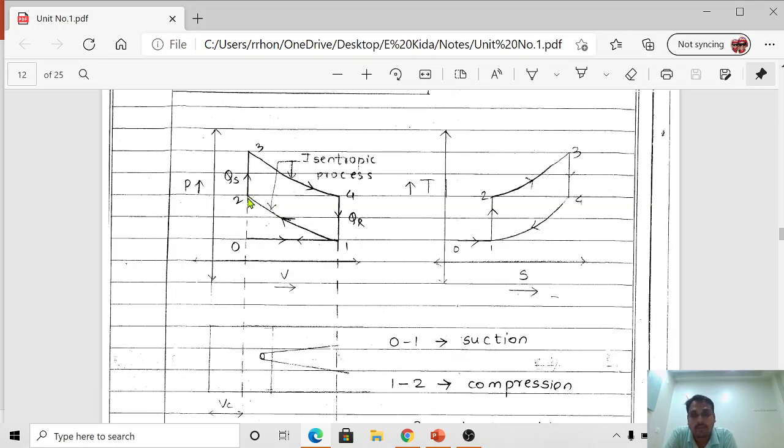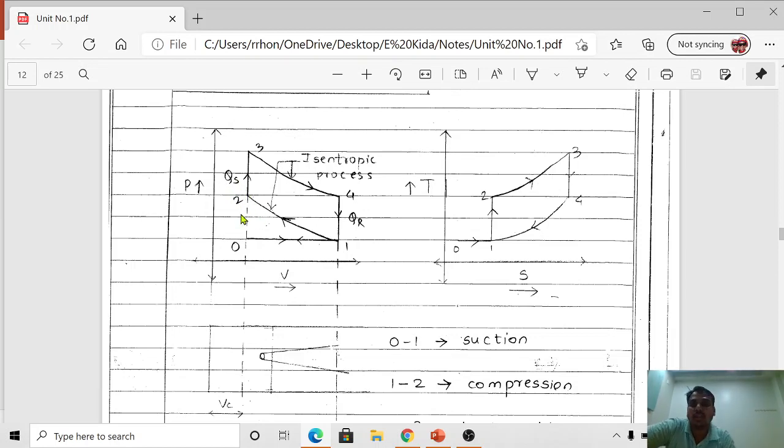What is the role of the spark plug? The spark plug will provide some amount of spark inside that compressed air and fuel mixture, and burning will start to take place when the spark plug provides the spark, and this indicates process 2 to 3. This is called the heat addition process, which is represented with the help of the letter Q suffix S.